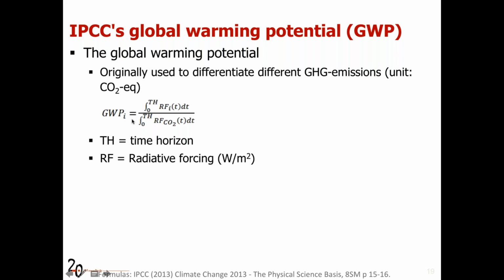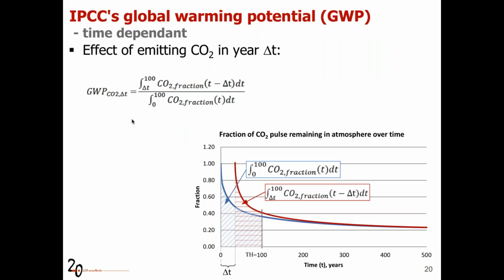But what I would like to do right now is to calculate global warming potential not for methane, but for CO2 emitted at different times. You see that on this slide here. What you see in the top is CO2 emitted at time delta t, and we still use the same reference below in the denominator, CO2 emitted at time 0.